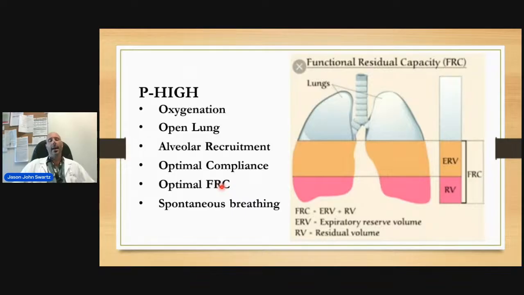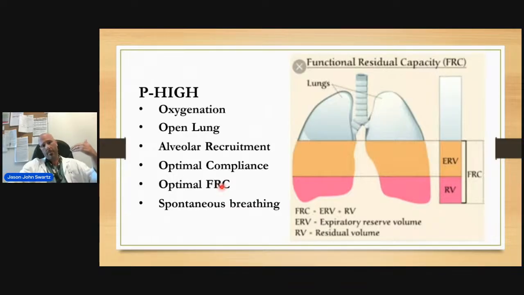That's why recruitment maneuvers were invented on conventional modes, because recruitment is pressure over time. But with APRV, we have that P high and that T high setting. We have that T high that can be increased to 4, 5, 6, 7, 8 seconds if we wish, and that allows us to recruit much better because we're not limited in the amount of time.